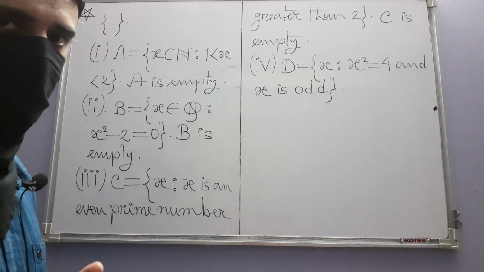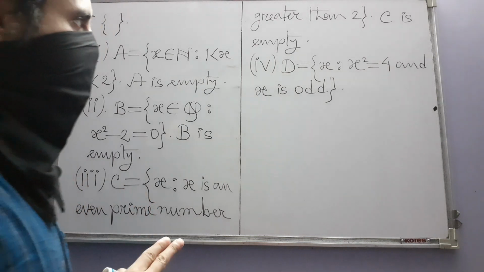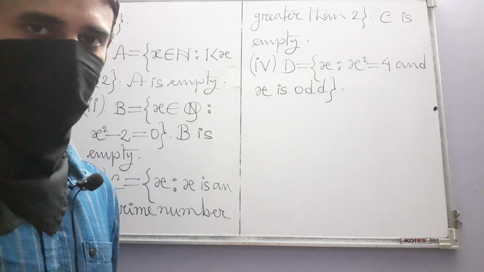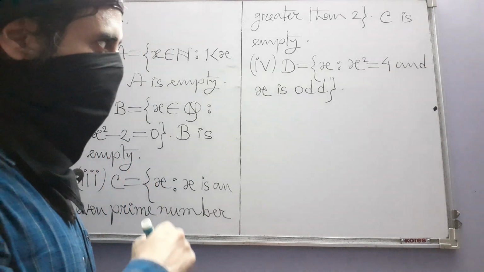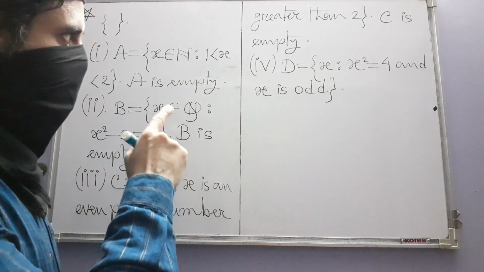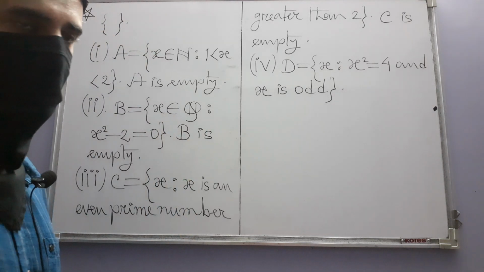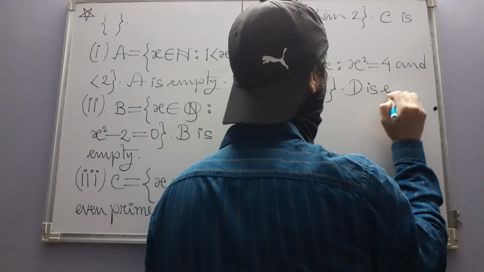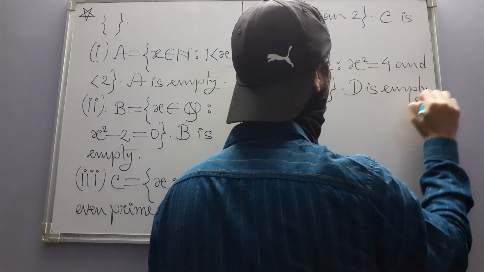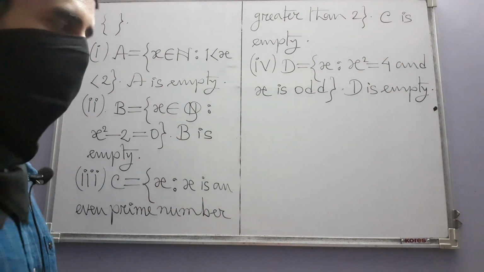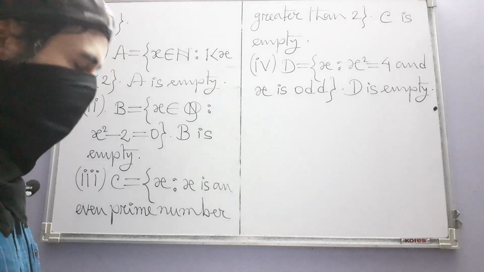There are two x values. One of them is minus 2 and the other is plus 2. And both of them are even. So the square of no odd number can be equal to 4. And as such, the set D is also empty. There is nothing in it. So besides that first set B, these are 4 more examples of empty sets.